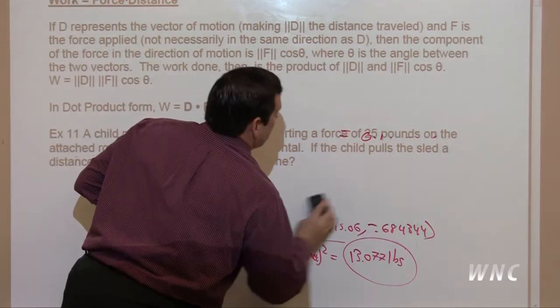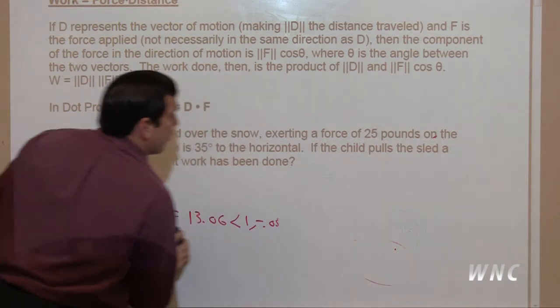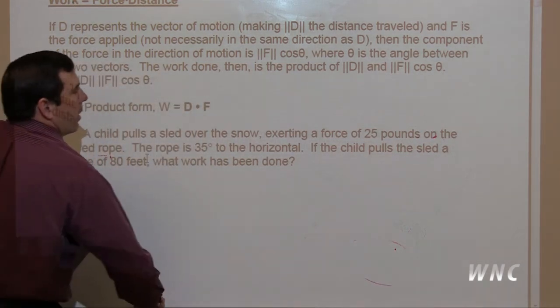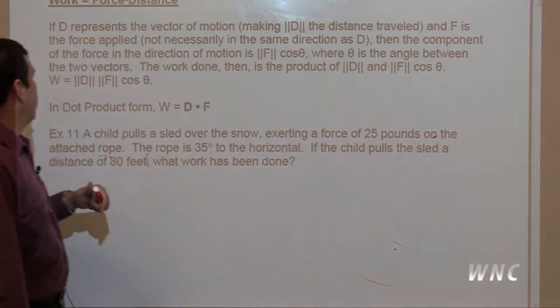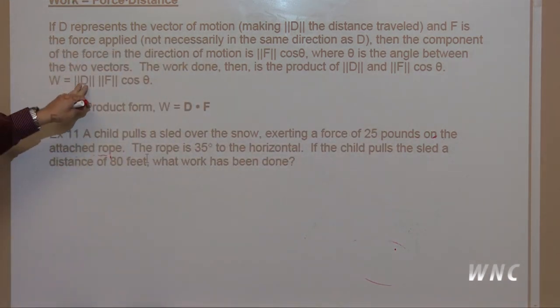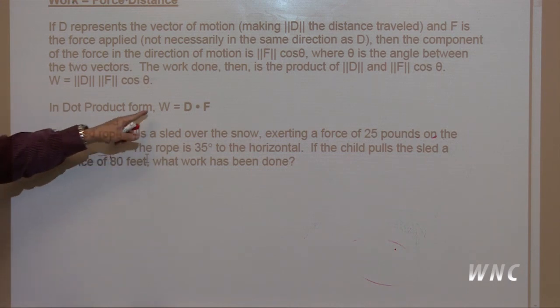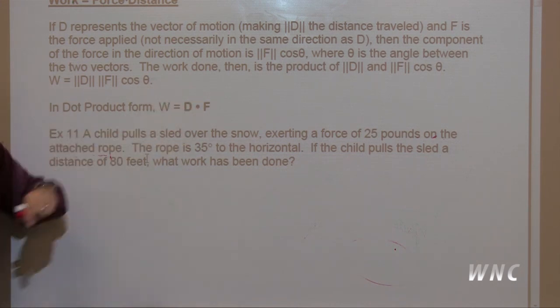So the work done then is the product of the magnitude of D and the magnitude of force times cosine theta, or work equals the magnitude of D times the magnitude of force times cosine theta. In dot product form, work is D dot F.